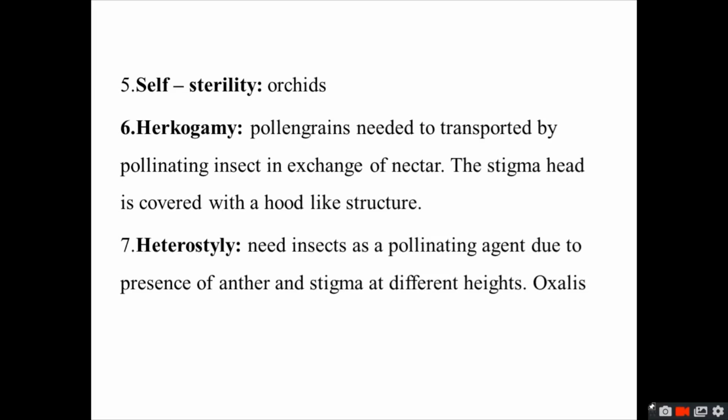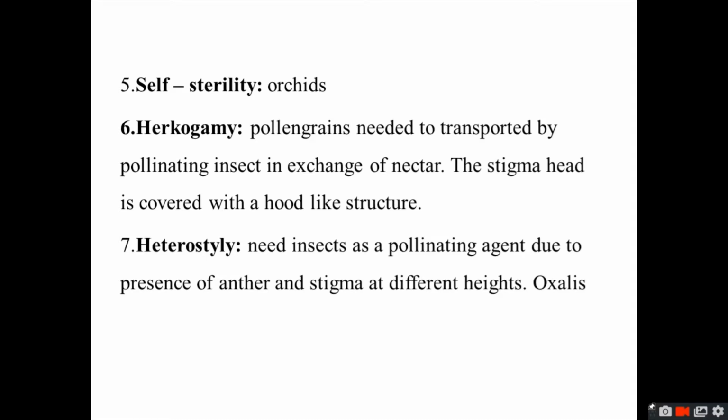Self sterility is basically when the pollen is not accepted by the stigma of the same flower. Suppose in a flower the stigma and styles are both present, but the stigma does not accept the anthers or pollen grains of its own flower. This type of self sterility is seen in orchids.